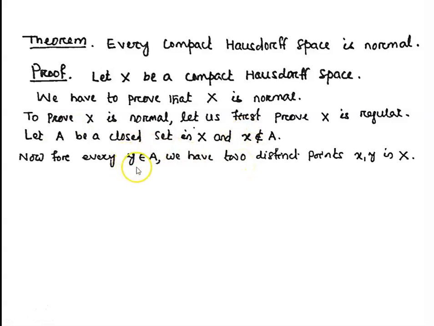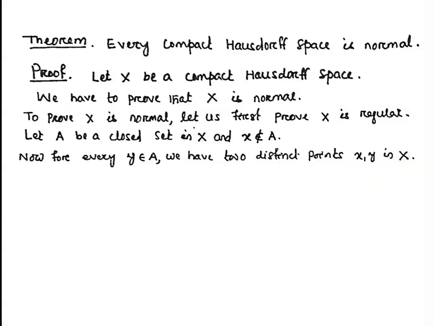Now for every y in A, we have two distinct points here, x and y in X, because y is in A and x is not in A. Therefore this x and this y are two distinct points in X. And we have that X is a compact Hausdorff space.